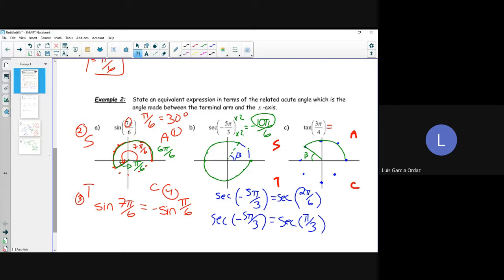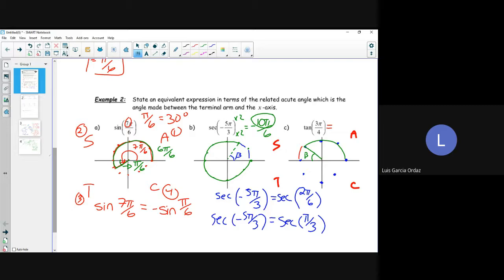So since we end up in quadrant 2, how many sections of pi over 4 are left over in the second quadrant? One. Okay?